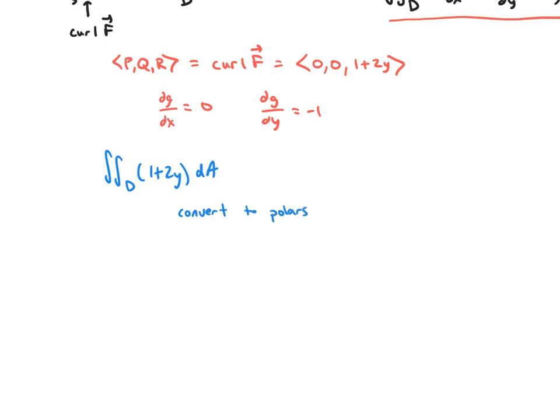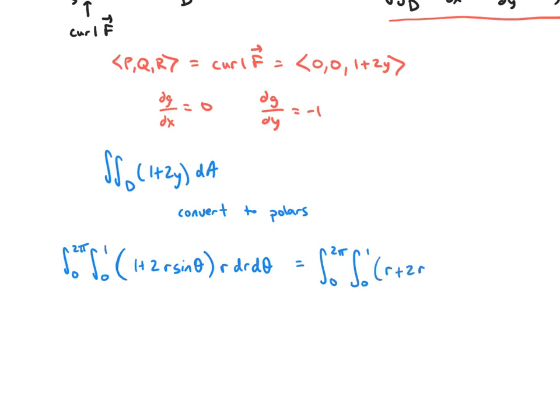So we have the double integral, 0 to 2 pi is theta, 0 to 1 is r, and then we have 1 plus 2 times r sine theta, because r sine theta is y, times r, and then we have dr d theta. So that simplifies to the integral 0 to 2 pi and 0 to 1 of r plus 2r squared sine theta, and then we have, again, dr d theta.